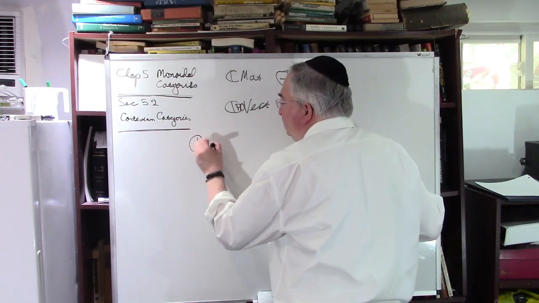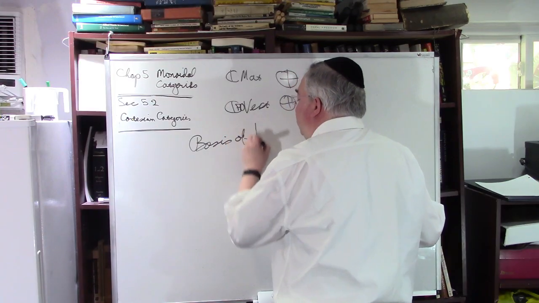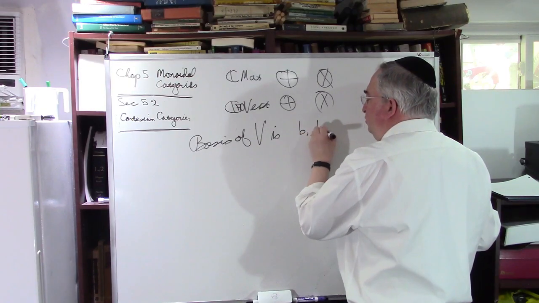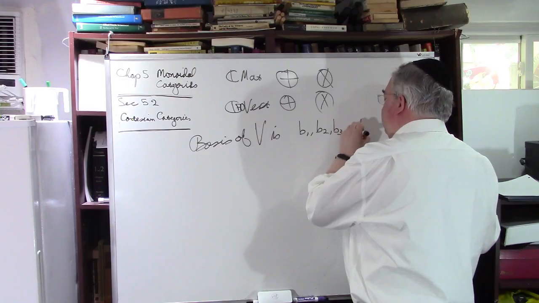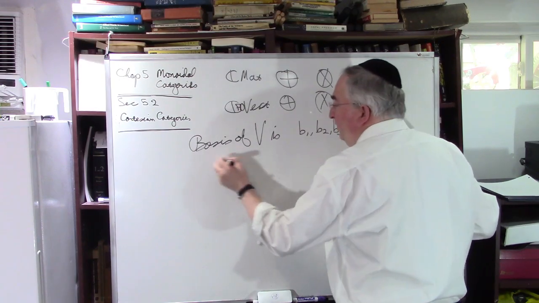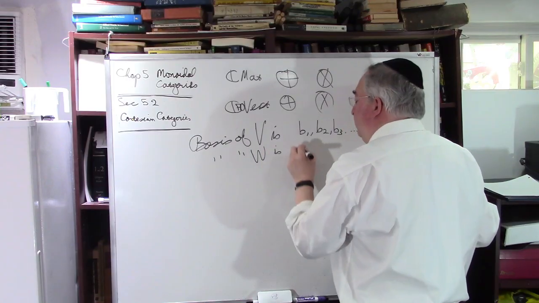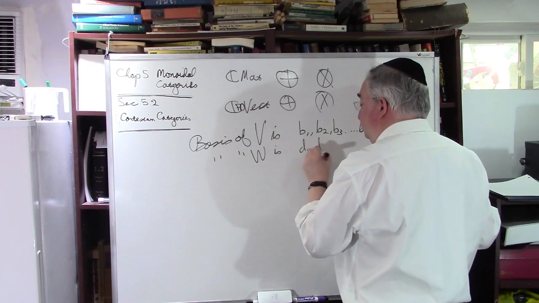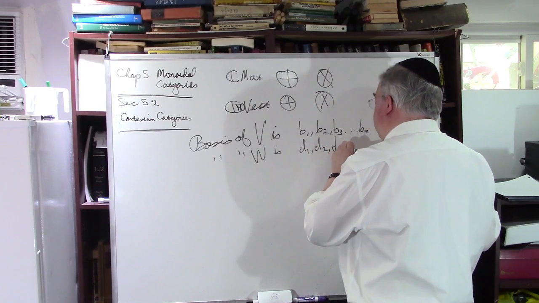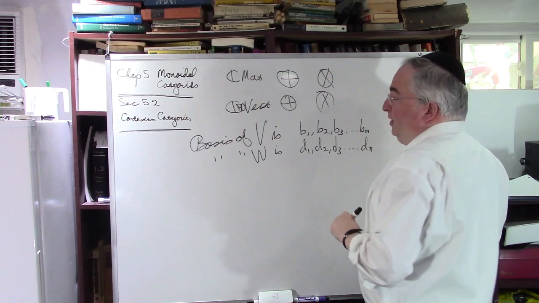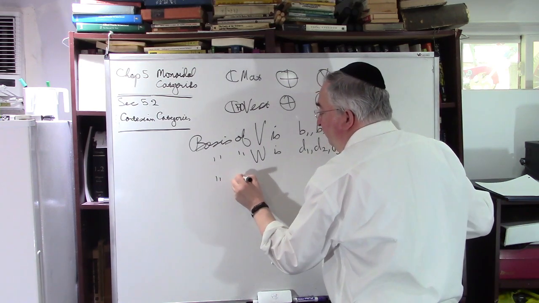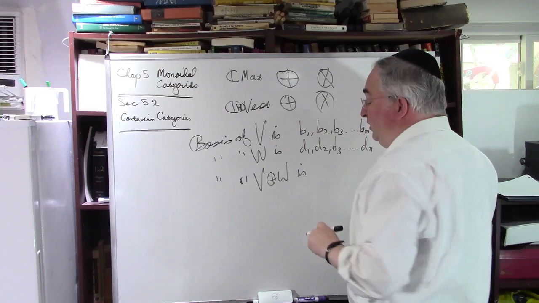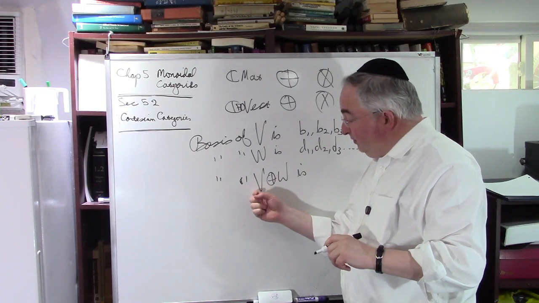So if a basis of V is B1, B2, B3, up to Bm, and a basis of W is D1, D2, D3, up to Dn, then a basis of V plus W is, watch this, pairs: something from here, something from here.